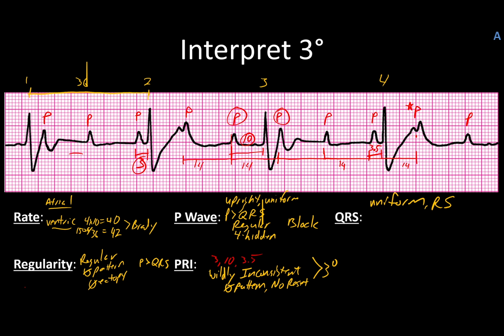I'll actually use the very first one as our point of reference. I'll even measure this one a little wide, and I still get 2.5. See if you guys get something different, but 2.5 times 0.04, which is normal, and that is narrow.